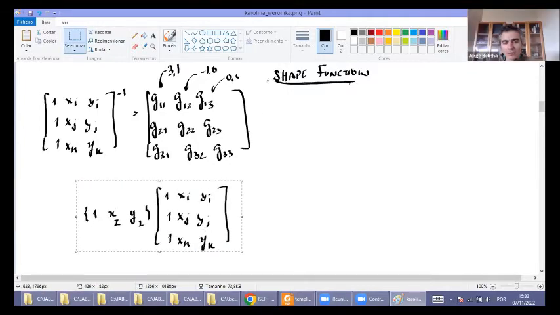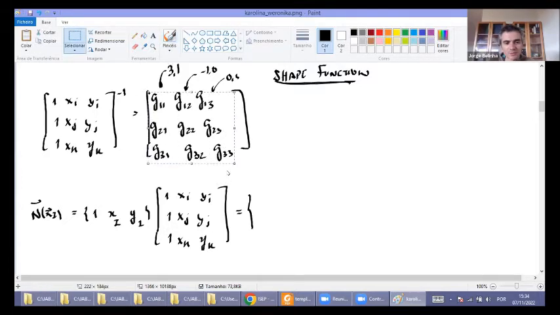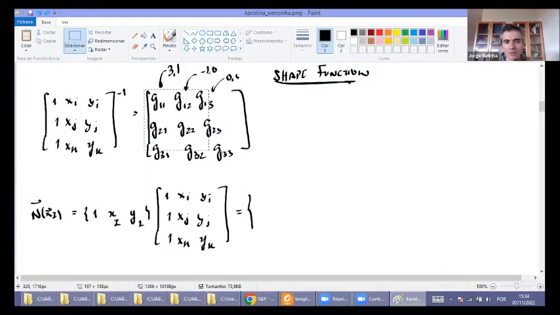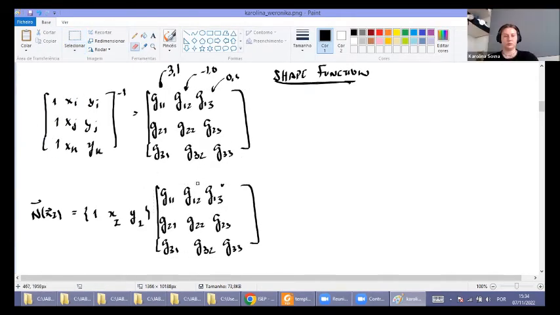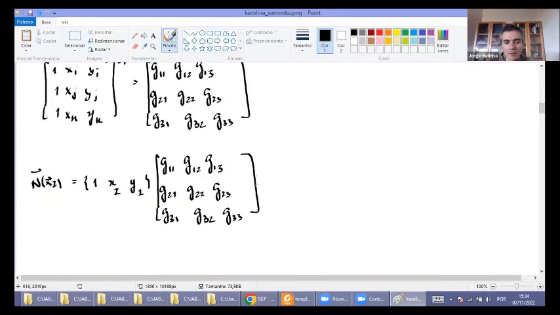This is what we are going to call our shape function vector. And this shape function vector is for this node. If I make this operation, I will get this by exponential minus 1, which is this part. You understand? The exponential minus 1 is these parameters here. So you'll get something like this.